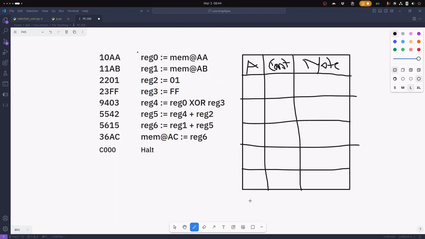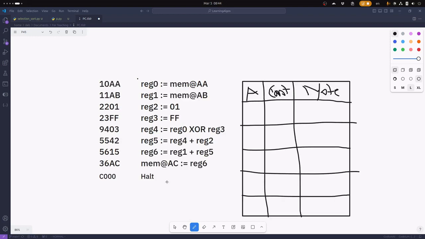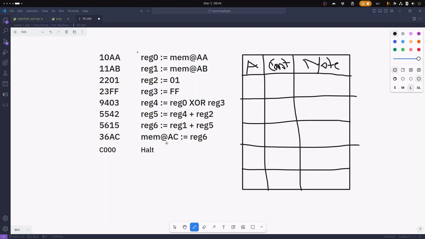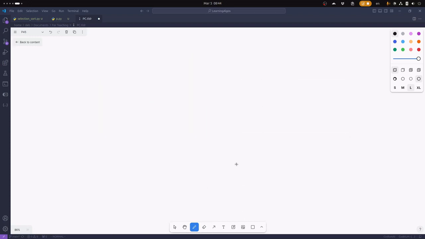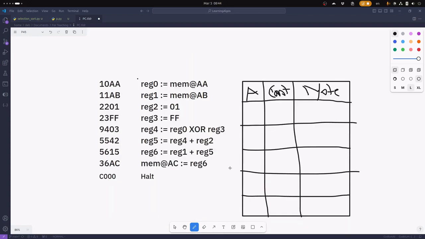Okay, so that's it. I guess if you watched all the videos, it won't be that hard to understand. And the main thing is, if you directly try to write the machine instructions, it will be hard, right? So first write these things.